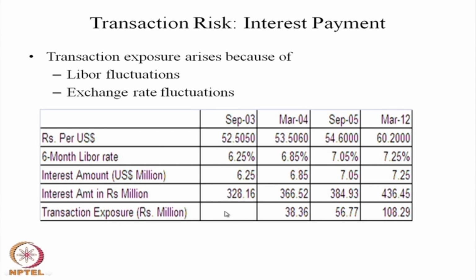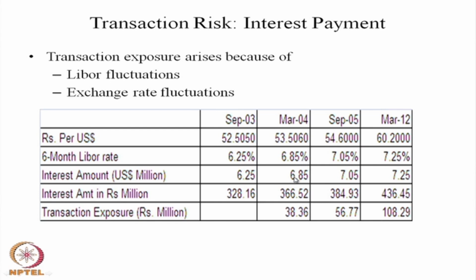So, there will be no transaction exposure, because the current rate is 52.5050, the spot rate remains constant. Suppose the spot rate changes. In March 2004, again after 6 months, again there will be an interest payment. At that time the rupee becomes 53.5060, and LIBOR also changed to 6.85.